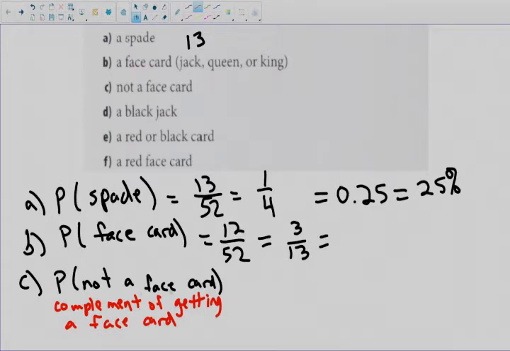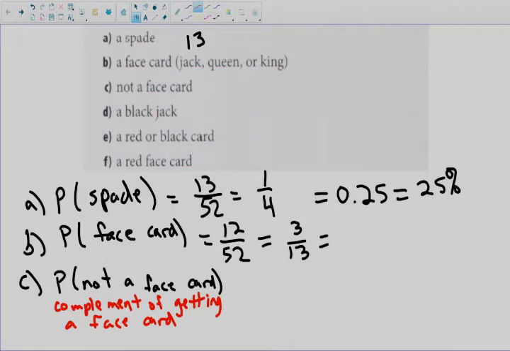And the complement is always the difference. So it could either be from this fraction or this fraction, the difference from the top number to the bottom number, because 100% would be 52 over 52. 52 divided by 52 is 1. 1 times 100 is 100%.